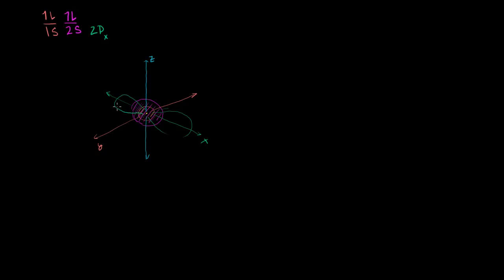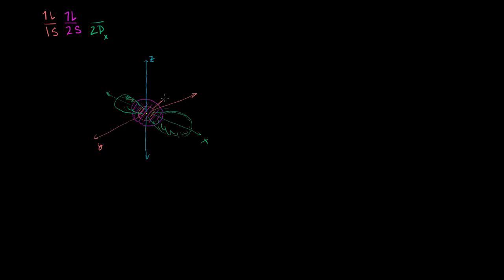And remember, these are really just probability clouds, but it's helpful to visualize them as maybe a little bit more like things that we would see in our world. But I think probability clouds is the best way to think about it. So that is the 2px orbital. I haven't talked about how they get filled yet. But then you also have your 2py orbital, which will go in this axis.